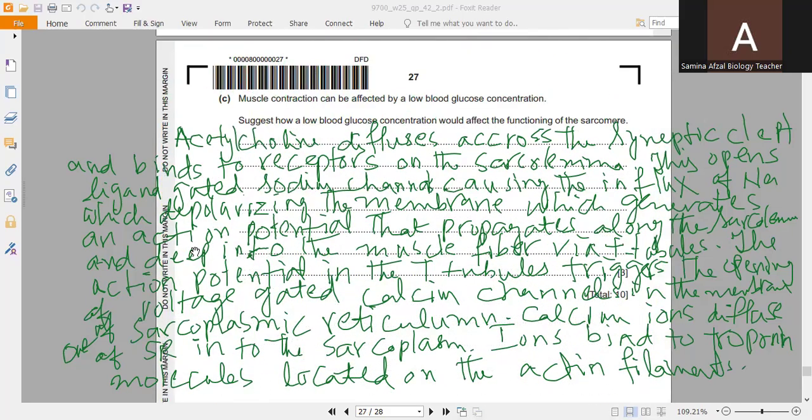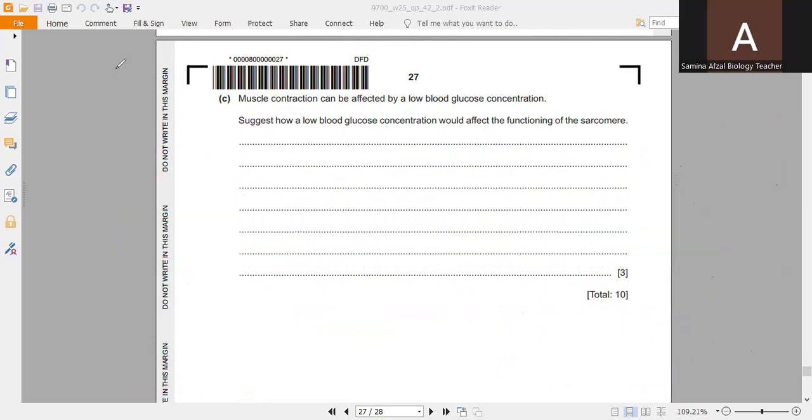Now the last part of this question, part C. Muscle contractions can be affected by low blood glucose concentration. Suggest how a low blood glucose concentration would affect the functioning of the sarcomere.